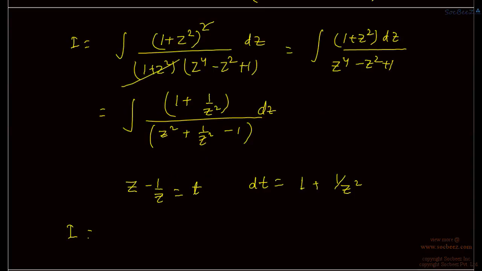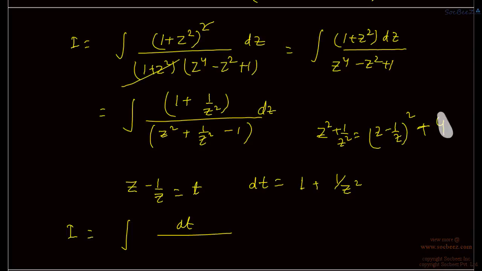So we have this integral I now in t as dt upon z square plus 1 upon z square minus 1, and z square plus 1 upon z square can be written in terms of t like z minus 1 upon z whole square plus 2, right? So this is nothing but t square plus 2. So this value is t square plus 2 minus 1, which is t square plus 1. So we have this integral as tan inverse of t plus some constant c.